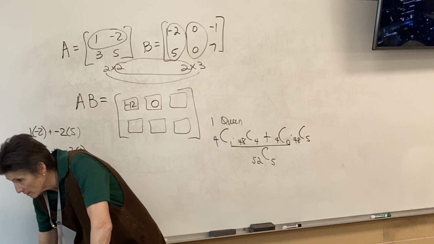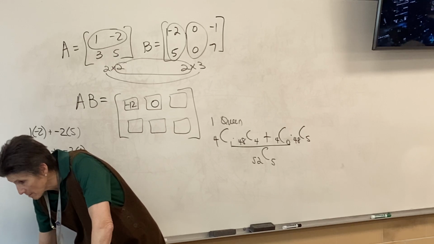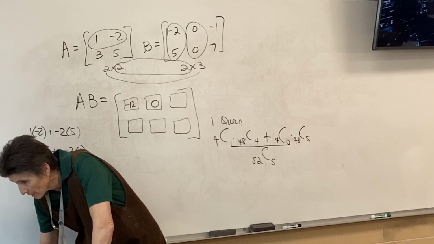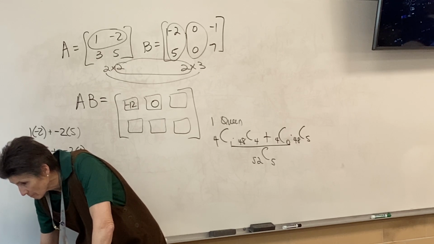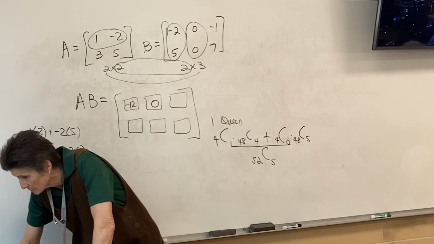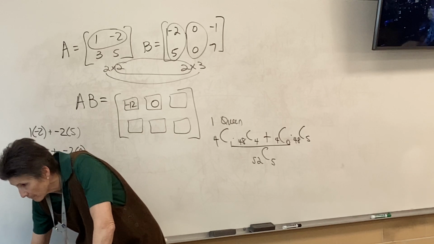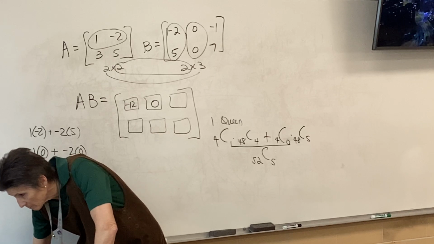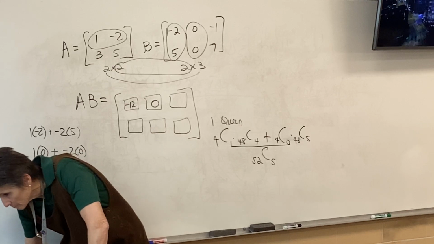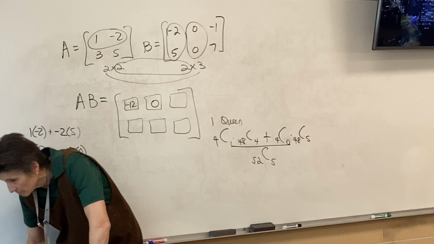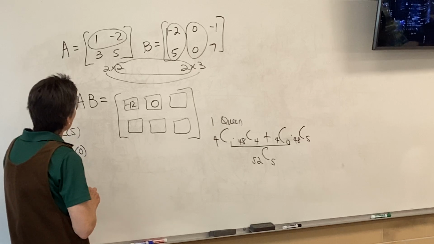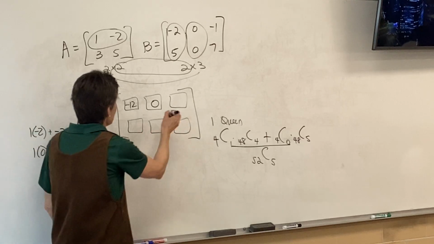And then go ahead and keep going while I check something real quick. You guys can go ahead and fill in the rest. Did you get -15 for this one?